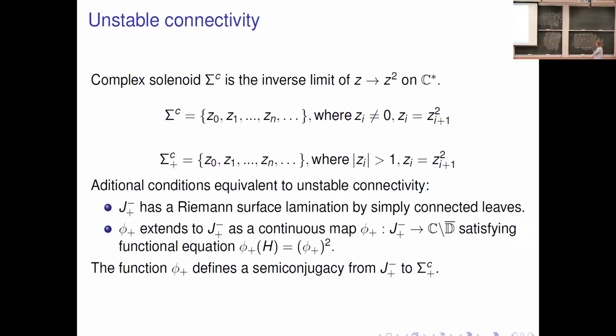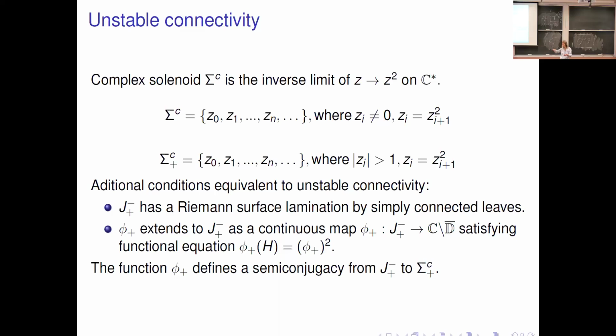Okay, so now let's go back. Let's try to connect the things with what we talked about before. We talked about the solenoid and its inverse limit of z squared on the unit circle. You can look at the complex solenoid, which is the inverse limit on C star, so all of C with 0 removed. And again, it has a group structure.